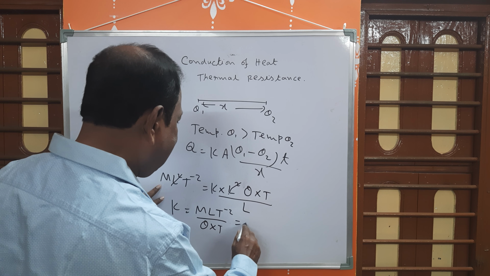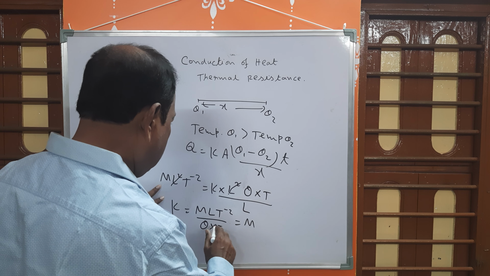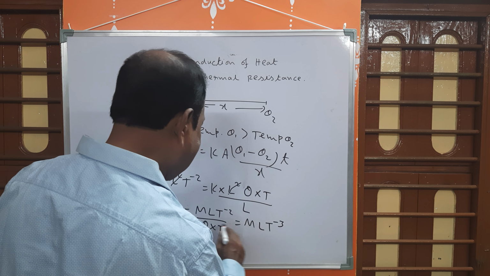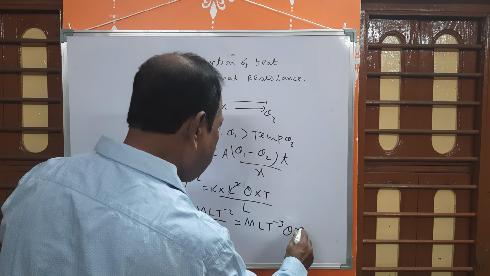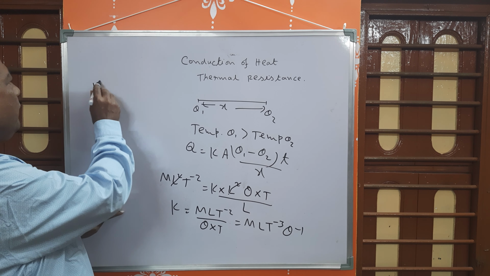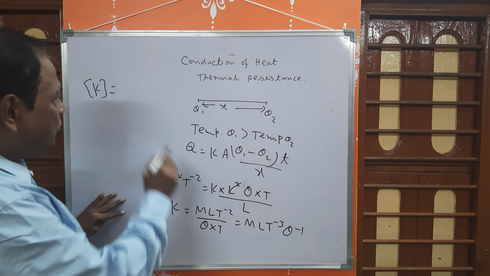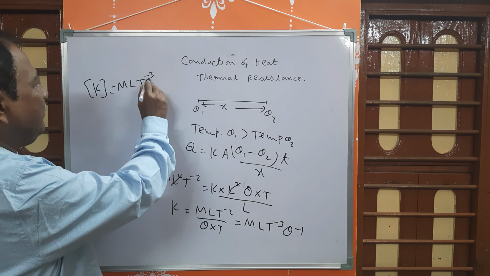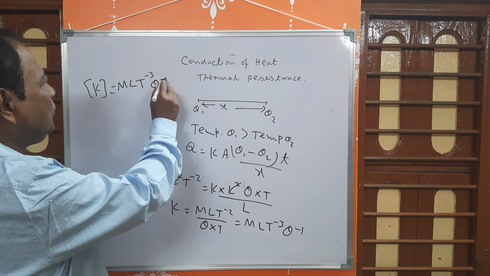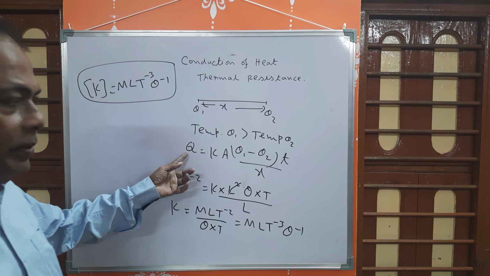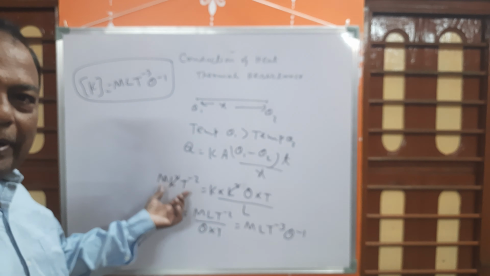That is equal to M L T to the power minus 3 theta to the power minus 1. That is the dimension of K. Dimension of K is M L T to the power minus 3 theta to the power minus 1. Q means again heat energy, M L square T to the power minus 2, the energy dimension.